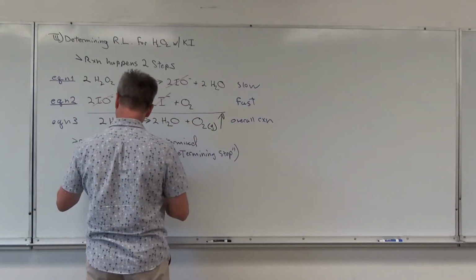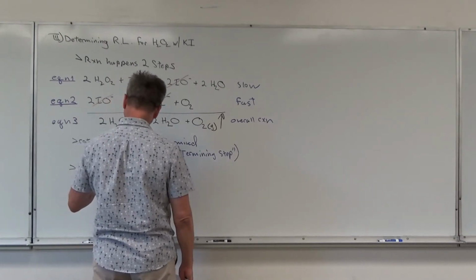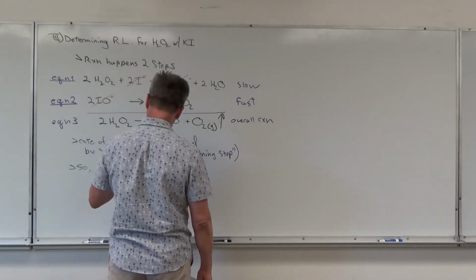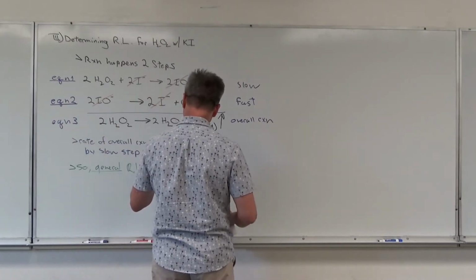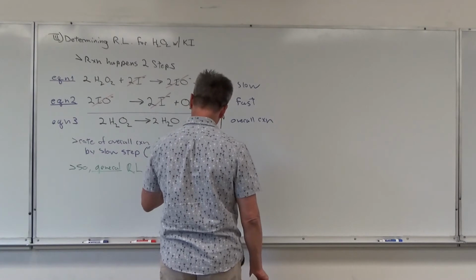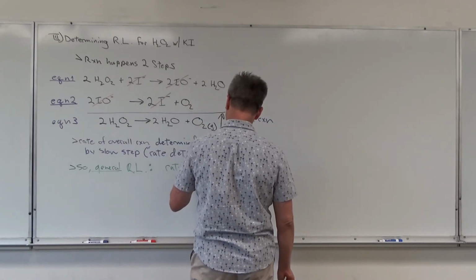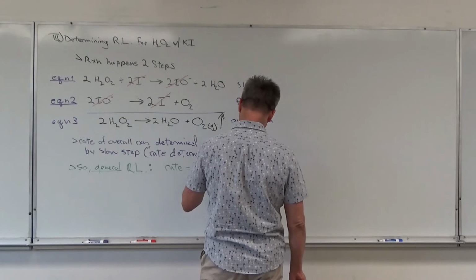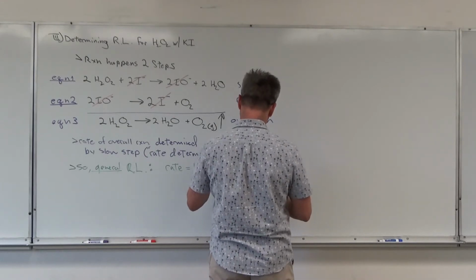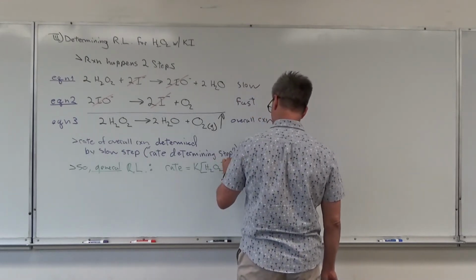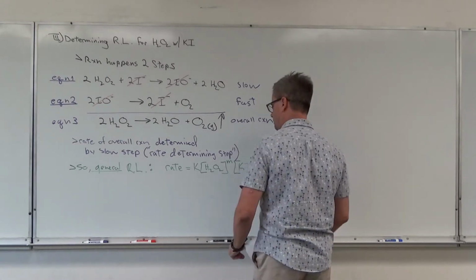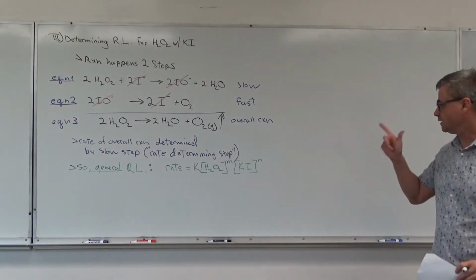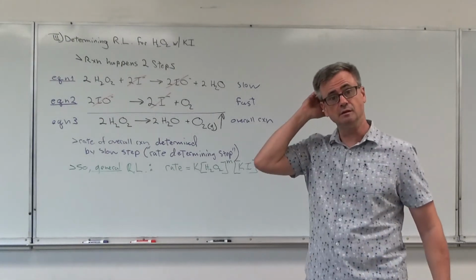So, general rate law: rate is k times the concentration of hydrogen peroxide raised to the m power times the concentration of potassium iodide raised to the n power. Now we want to figure out m and n just the way we did in our example a moment ago.